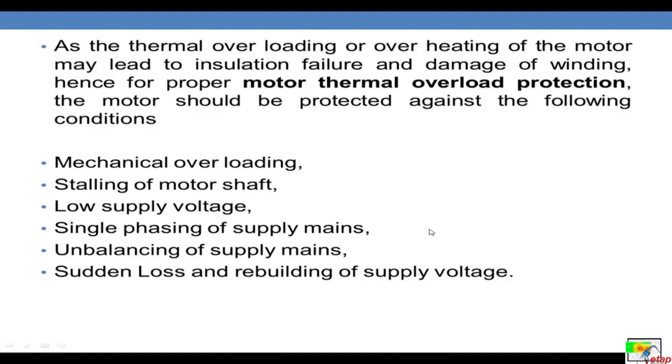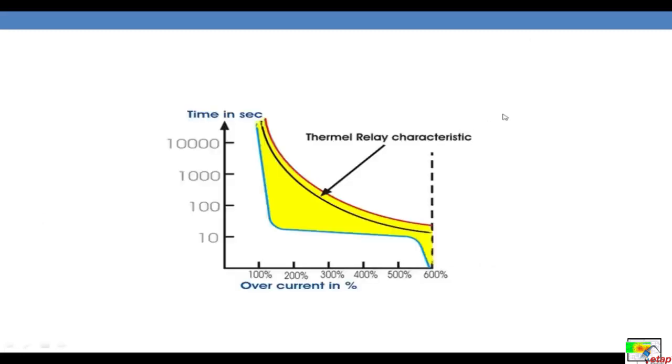So the main aim in case of motor protection is to provide the overload protection, and the thermal overload protection is provided by using a relay or any other mechanism such that the curve of the device will be in this region shown over here. So that is the main essence of the thermal overload protection.